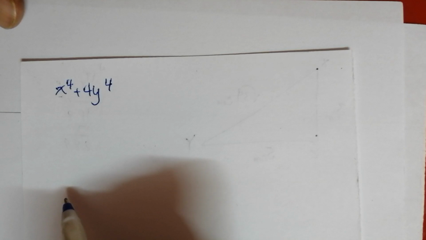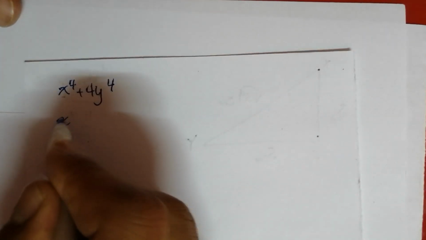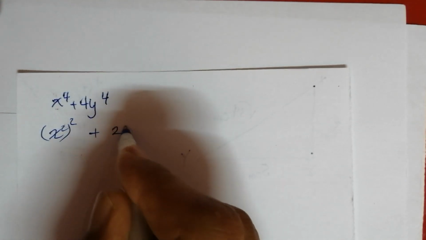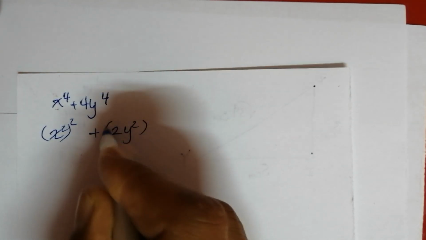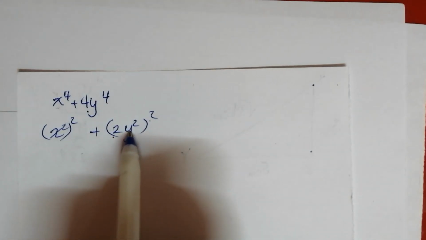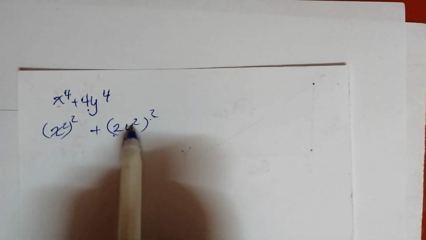We can write it like that: x power 2 all power 2, plus 4y power 4, which we can make like this: 2y power 2 all power 2, because 2 power 2 equals 4 and y power 2 all power 2 means y power 4.